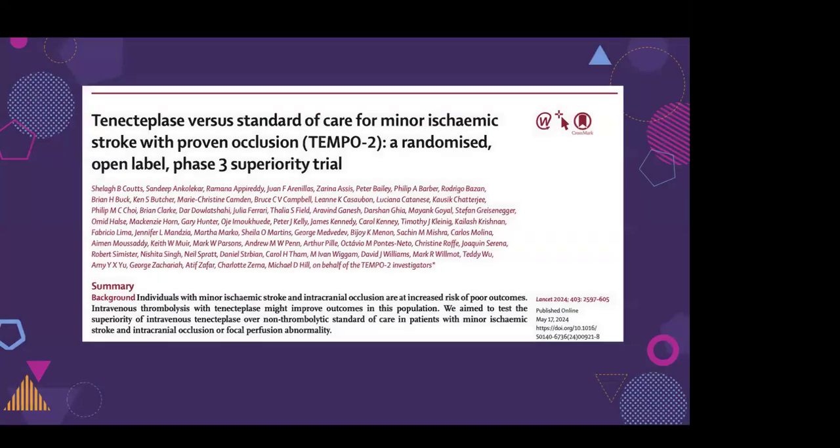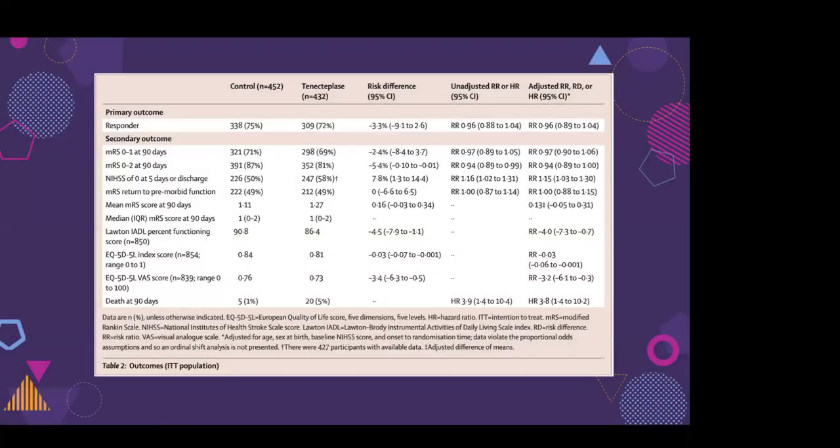So, talking about the TEMPO-2 trial, which was just published this year in May, not too long ago. This is tenecteplase versus standard of care for minor ischemic stroke with proven occlusion, like distal occlusion. A person presenting has a proven ICA or M1 occlusion, with a lower NIH stroke scale, and the study compared TNK versus an antiplatelet regimen.